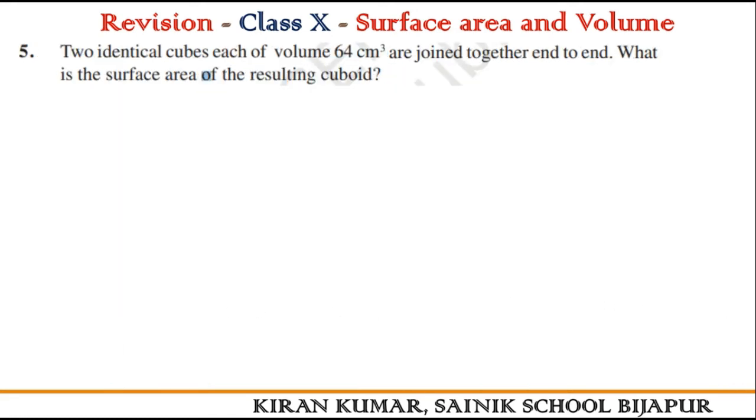Question number 5. Two identical cubes of each of volume 64 centimeter cube are joined together end to end. What is the surface area of the resulting cuboid? Here there are two cubes which are joined together. I'll draw a rough diagram. It would look like this.